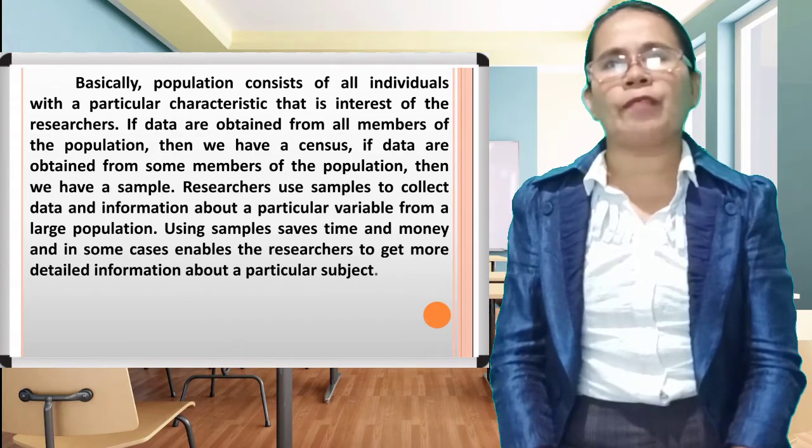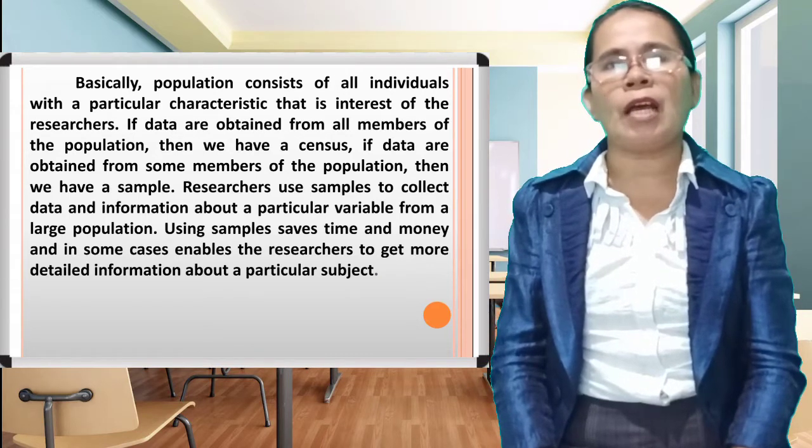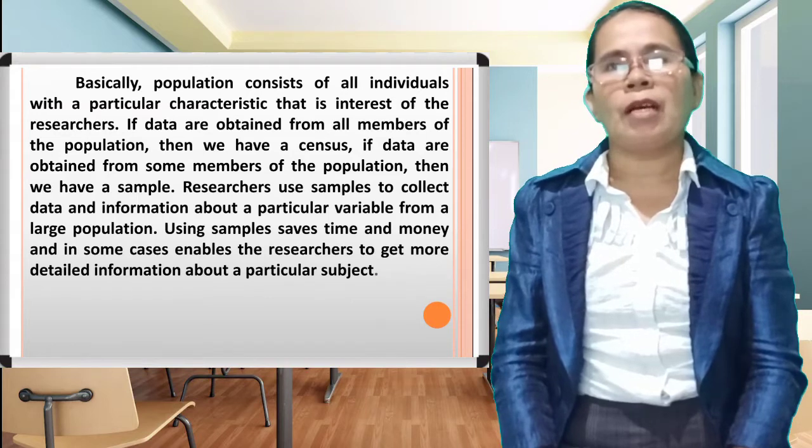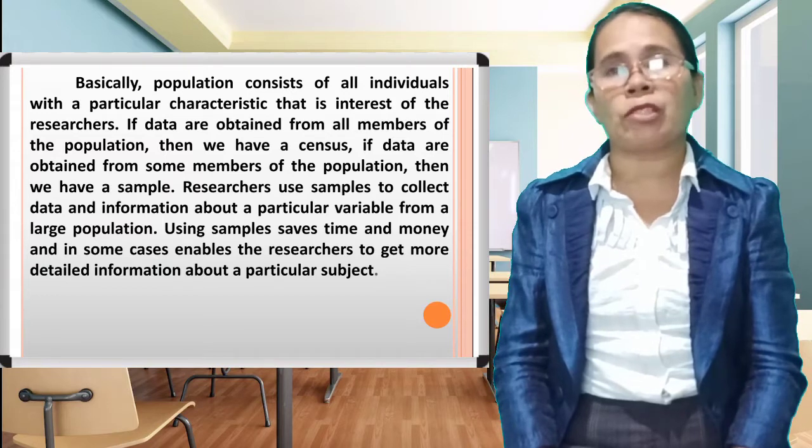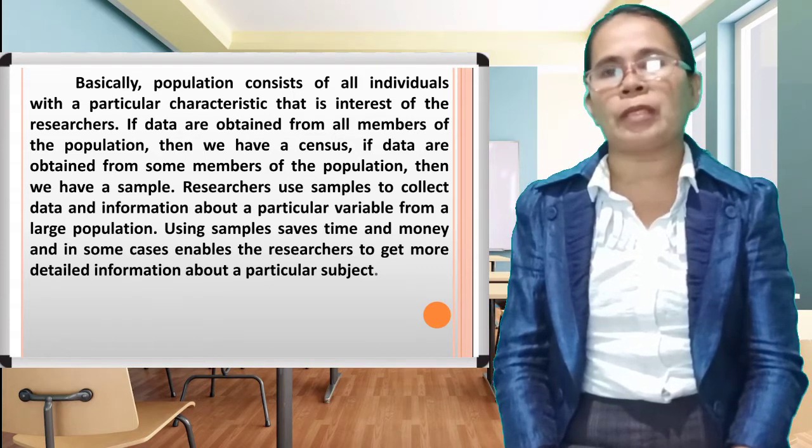If data are obtained from some members of the population, then we have a sample. Researchers use samples to collect data and information about a particular variable from a large population. Using samples saves time and money, and in some cases enables the researchers to get more detailed information about a particular subject.